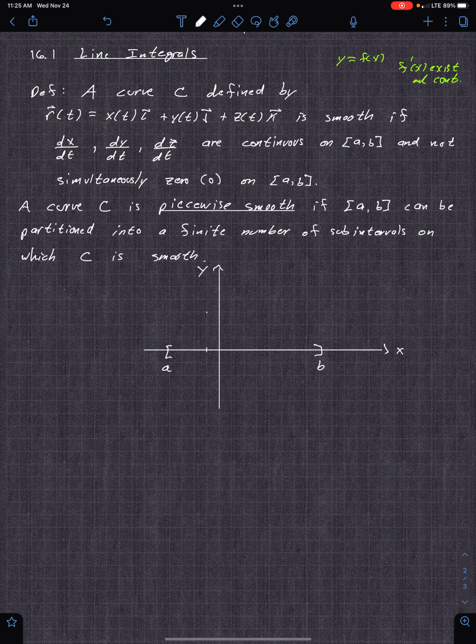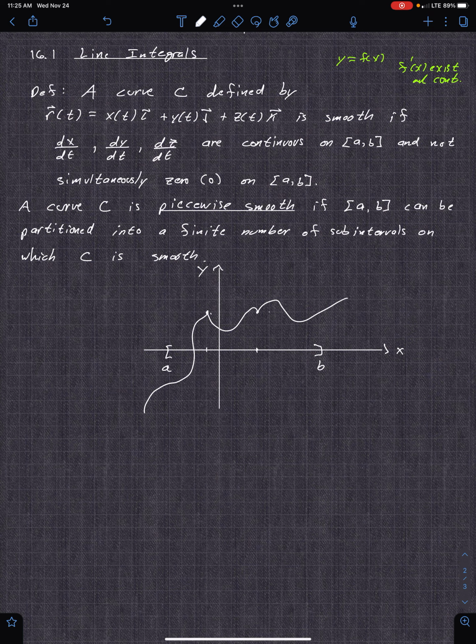So I'll show you an idea of what the graph might look like. You go like this, it's smooth, but then here it has a corner, and then another corner like that. Here and here it's not smooth, but it's still a finite number of subintervals.